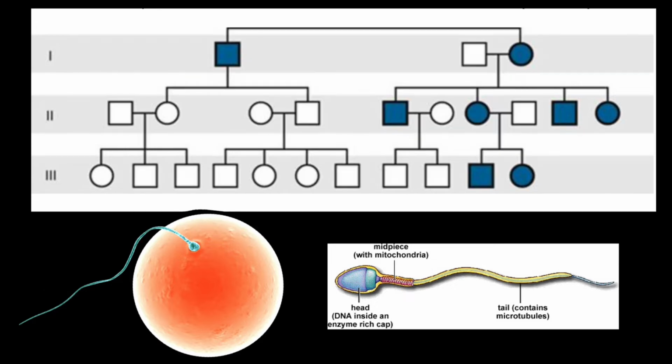Now I also want to break one of the dogmas in textbooks, which tells you that this part, the midpiece of the spermatozoon, doesn't penetrate the egg cell and actually stays outside and disintegrates outside of the egg cell. This information is not true and came from early scientists' research, which showed that they could not find paternally inherited mitochondria in the zygote, the fertilized egg cell.